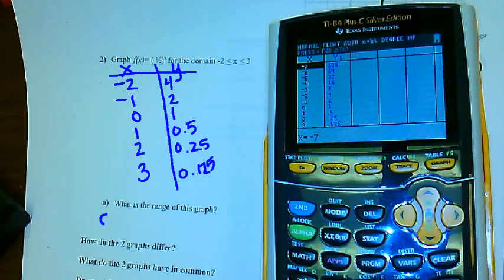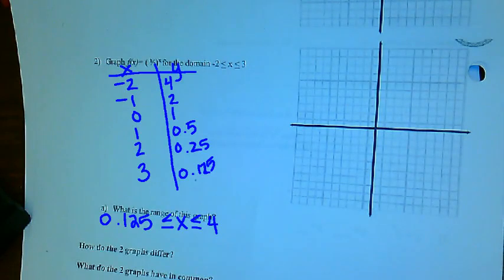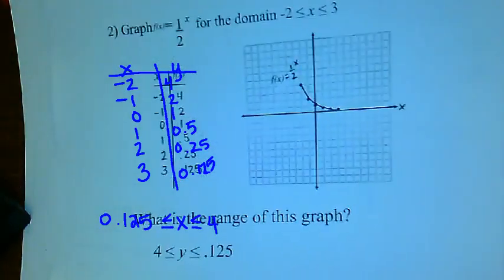So 0.125. There you go. All right. And your graph would look like this.